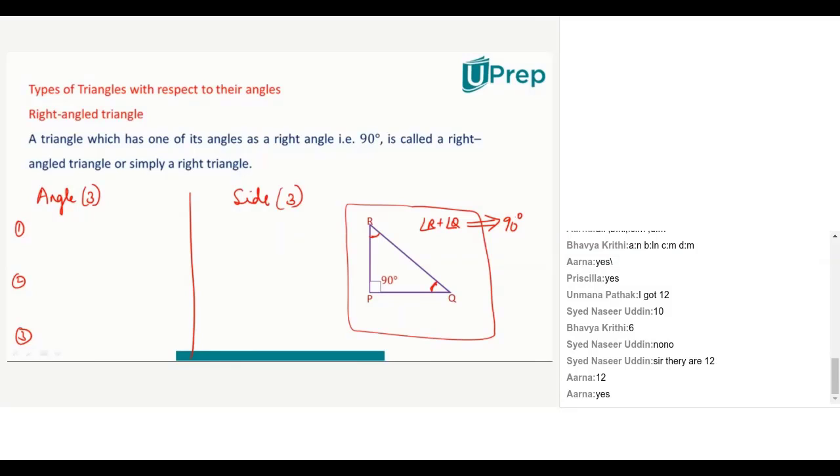Now let me continue the question. My question is, for example, if I tell you angle R is 45 degrees and angle Q is also 45 degrees. Now, Arna, can you tell me which two sides of the triangle would be equal? If two angles are equal, there are two sides that will be equal. Which two sides are equal?